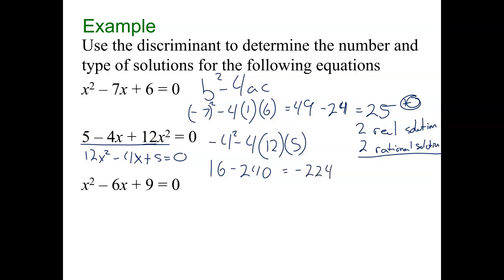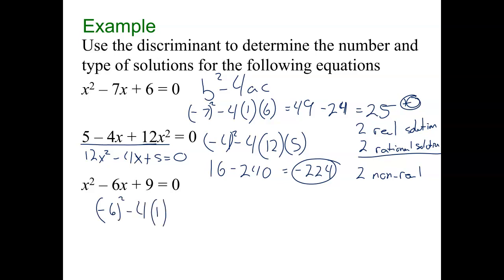So am I going to have 2 real solutions, 1 real solution, or 2 non-real solutions? 2 non-real, because it's negative. Okay? Standard form? Are we in standard form? Okay, so we're good. So what is b? Negative 6 squared minus 4 times, what's a? 1.